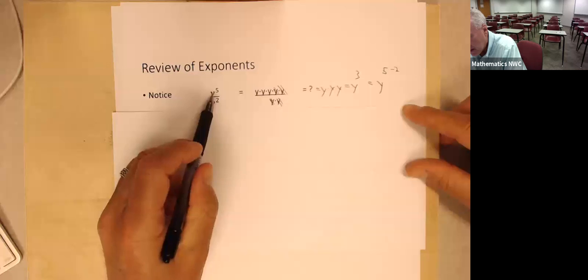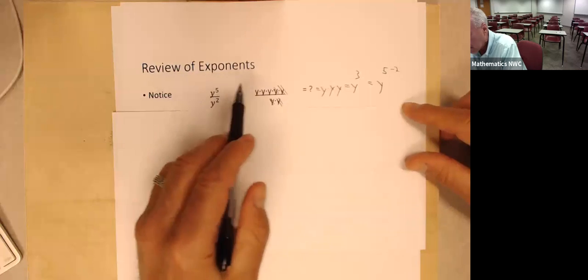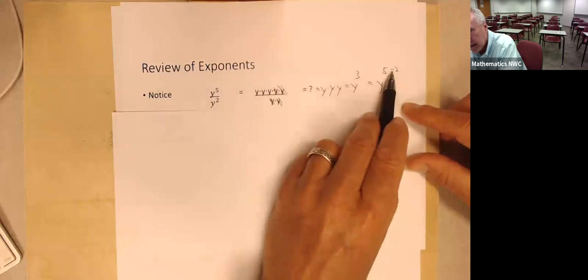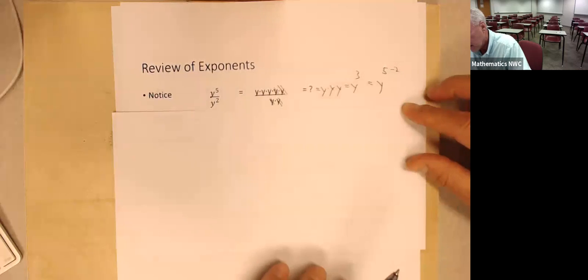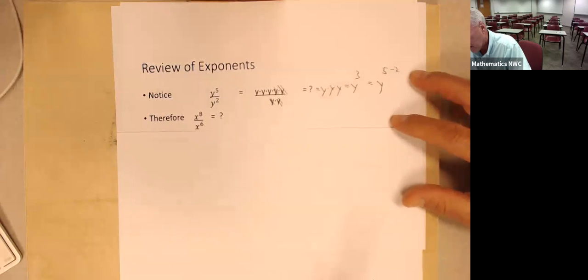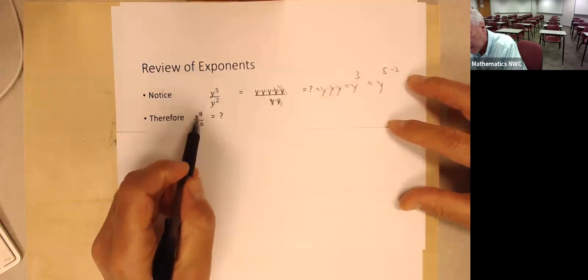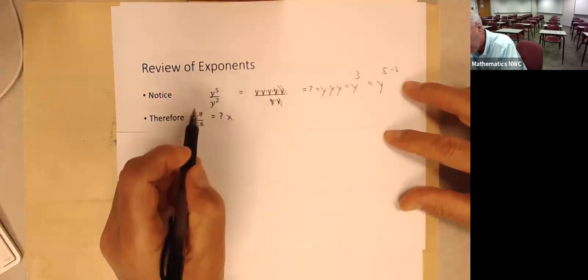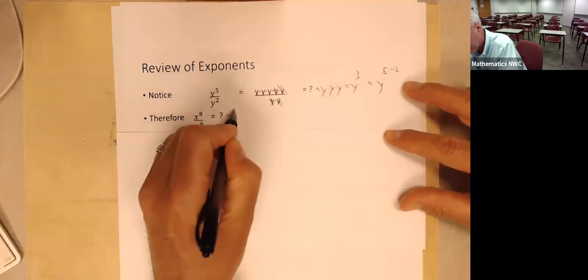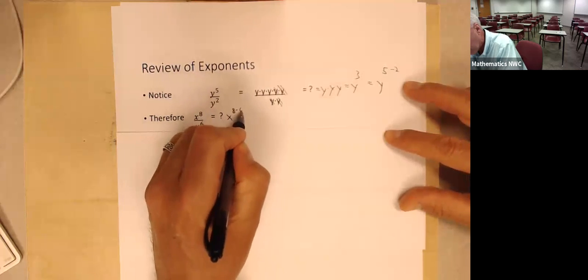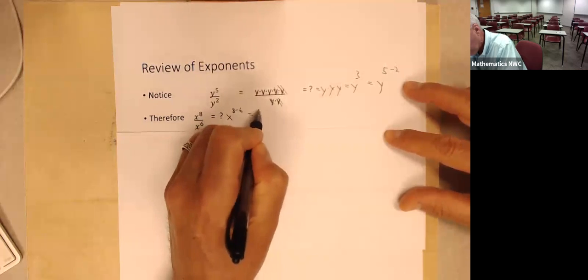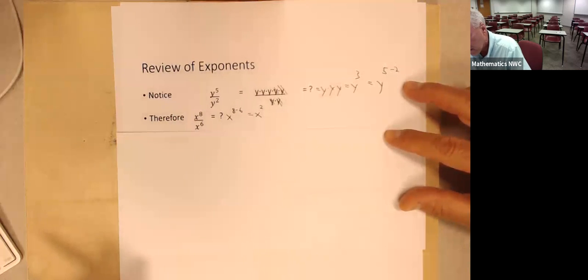Repeating then, when I'm dividing, I have to actually subtract the exponents. So for example, here, I'm dividing. I should subtract the exponents. 8 subtract 6, the top number minus the bottom one, and I end up with x squared for my answer.